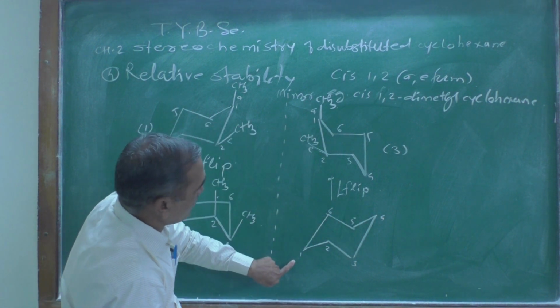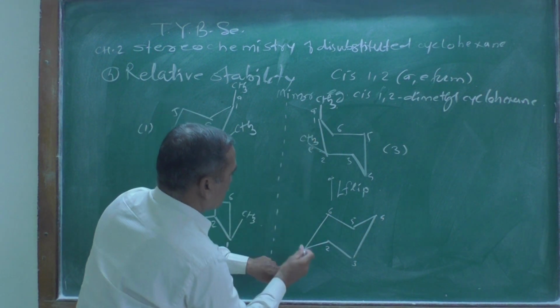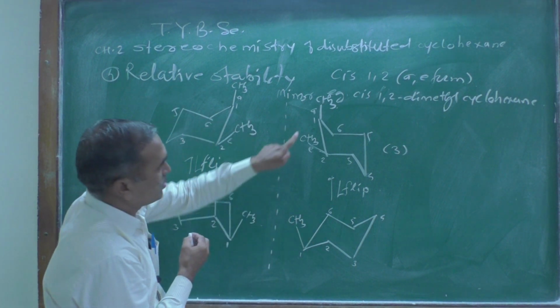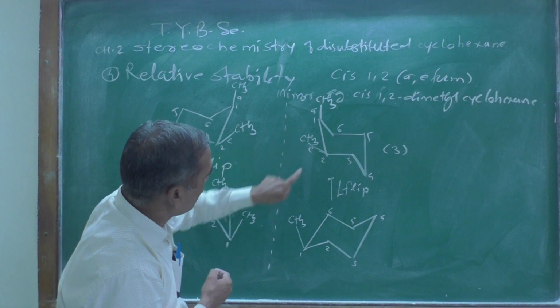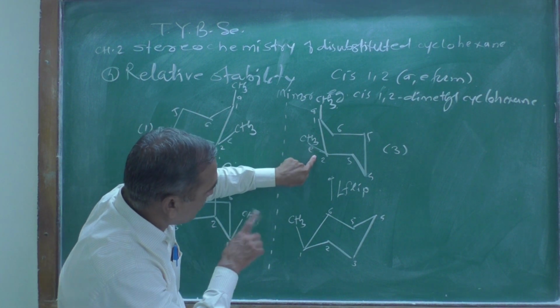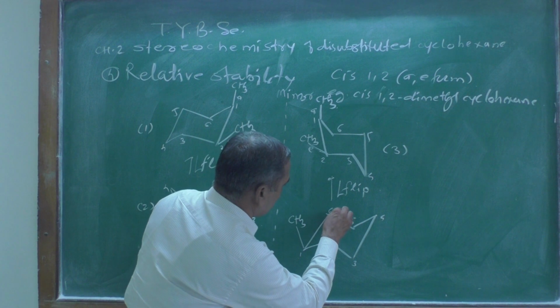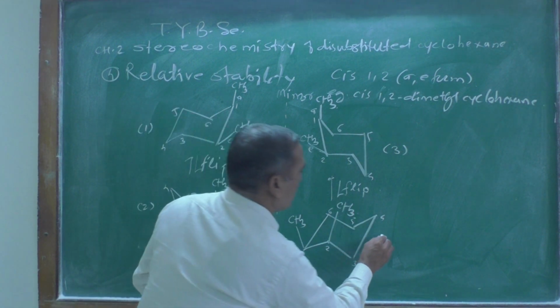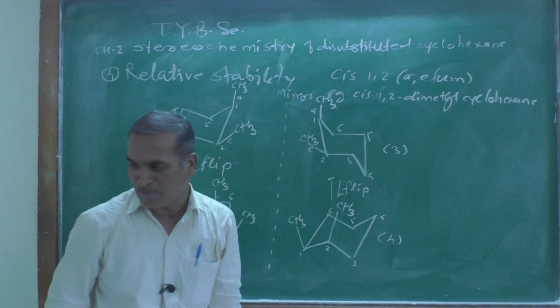Now at carbon number 1, the axial position becomes equatorial. This one is equatorial. After flipping we are going to get an axial position, right? Look, there is an axial position, and you can call this structure number 4.